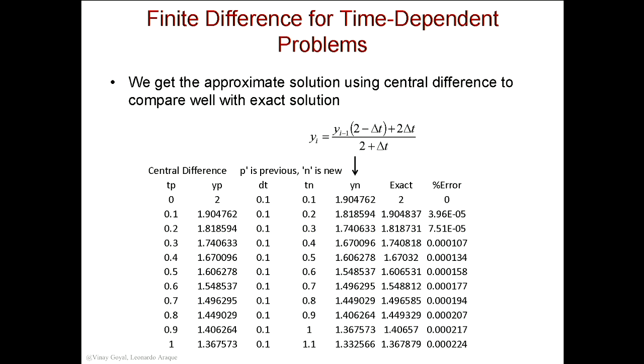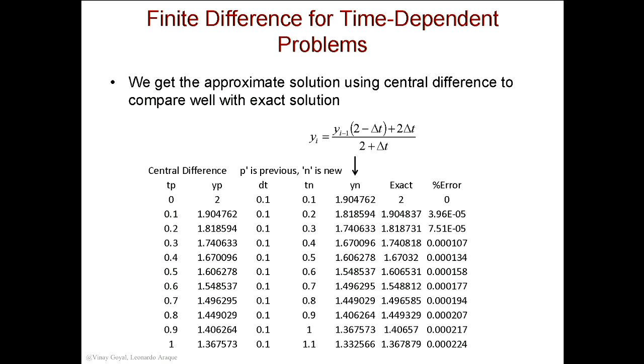We again have an initial value of t of 0, and y is 2 at time equals 0. I can now march forward in time, because if I know yp at time equals 0, I can substitute it here, so that's 0. And the delta t, because I want to march forward, is 0.1, say.